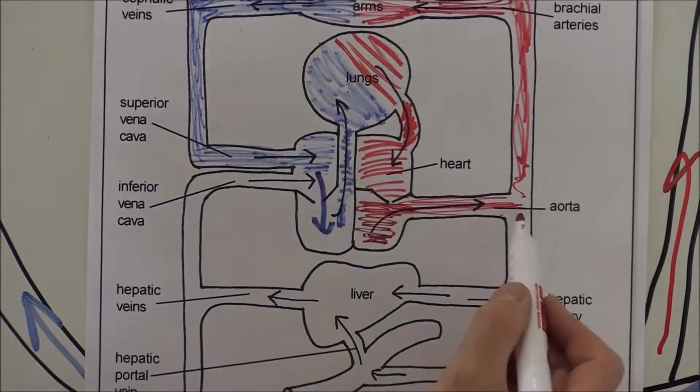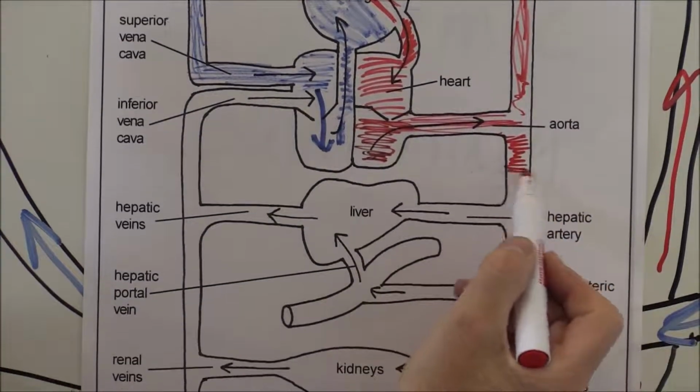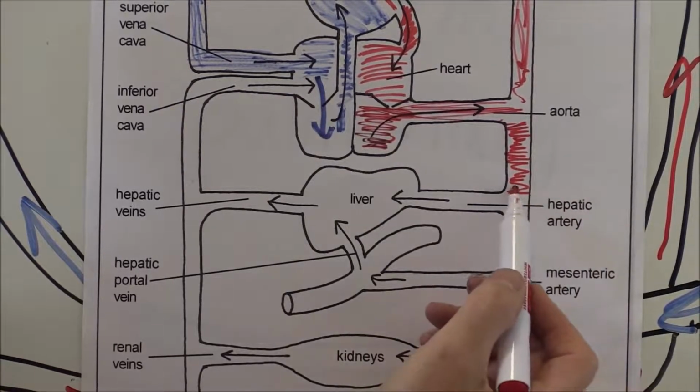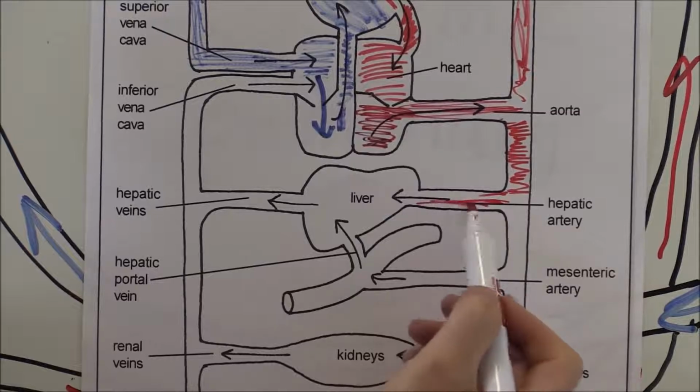And we notice that blood also goes down through the body towards the liver, and it's the hepatic artery that's taking blood to the liver.